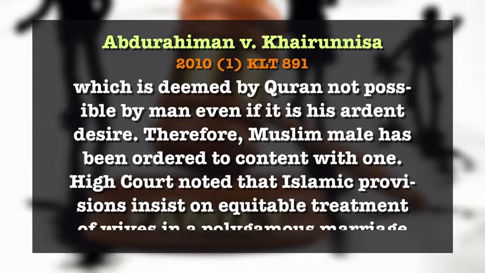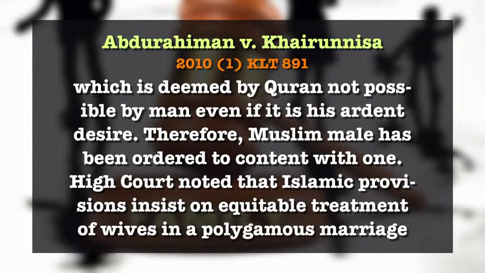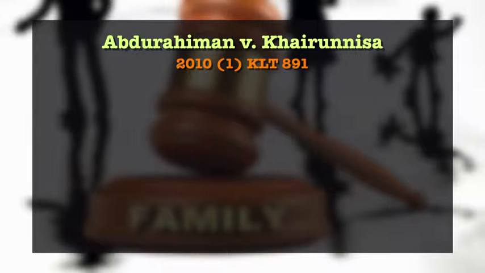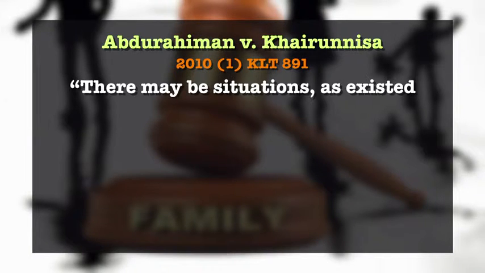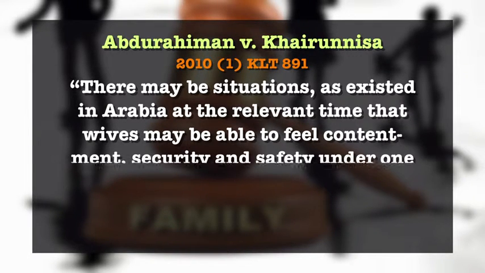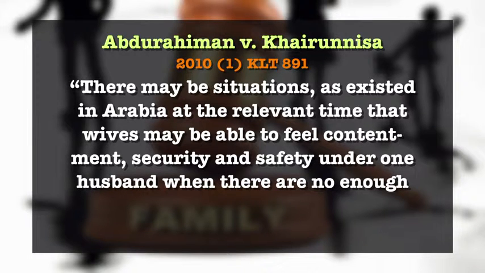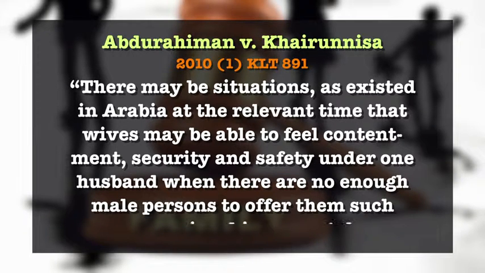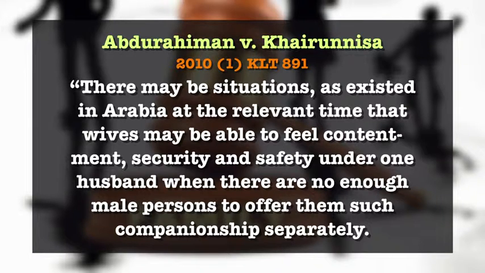The High Court noted that Islamic provisions insist on equitable treatment of wives in a polygamous marriage. The court was of the view that equitability was the crux of the problem of polygamy in Islamic parlance. The court visualized the ground justifying the case of polygamy when it observed, "There may be situations as existed in Arabia at the relevant time that wives may be able to feel contentment, security and safety under one husband when there are not enough male persons to offer them such companionship separately.